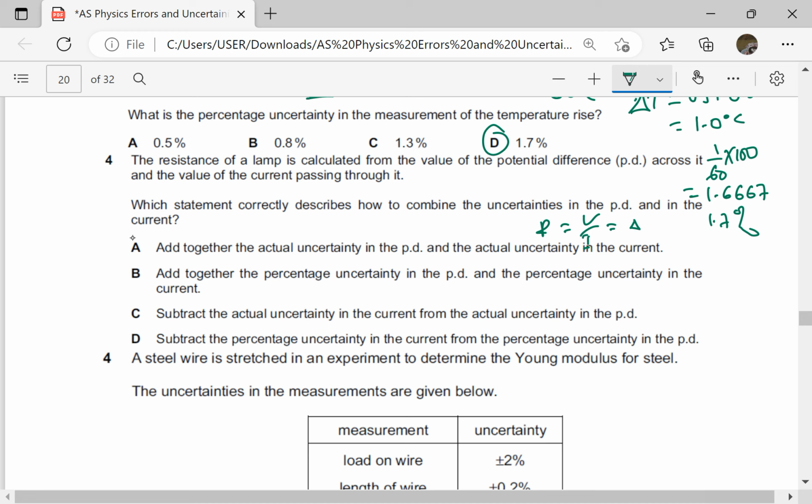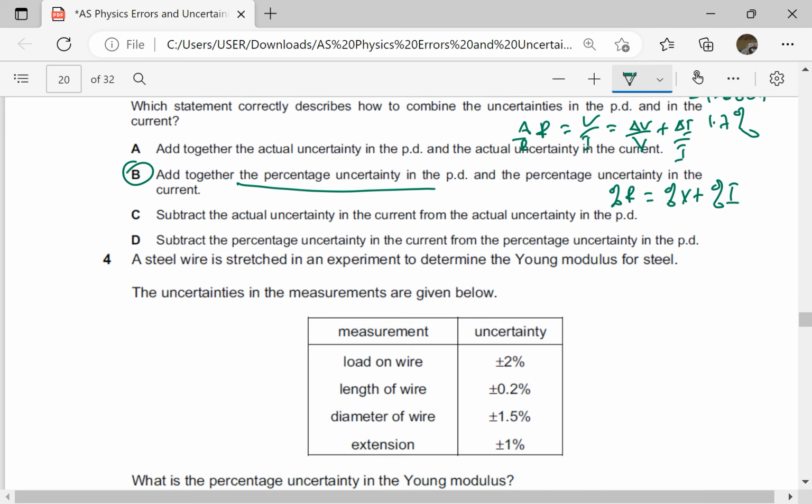This will be fractional uncertainty in V over V plus fractional uncertainty in I over I. This is going to be fractional uncertainty in R over R, which is the same as percentage in R is going to be percentage in V plus percentage in I. Add together the percentage in the PD and the percentage in the current. That is true. So the rest, I don't even need to check them.